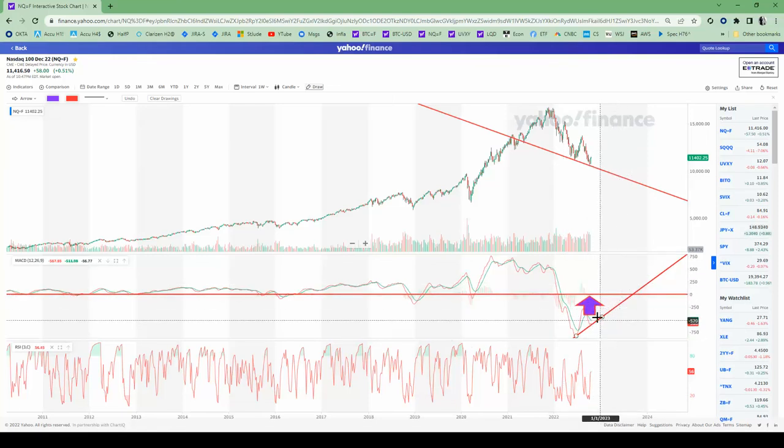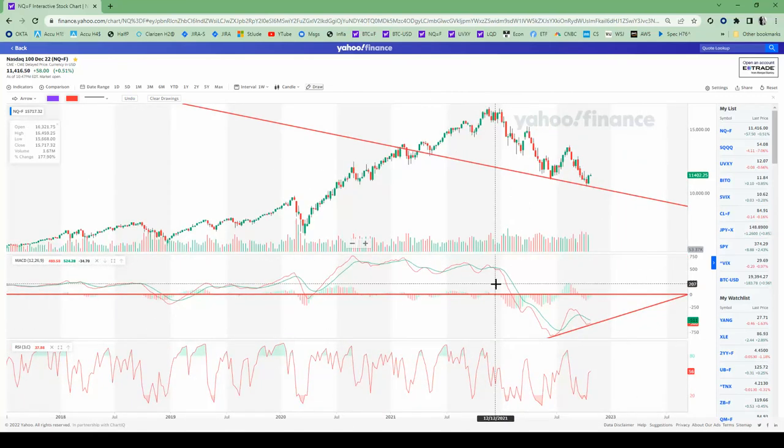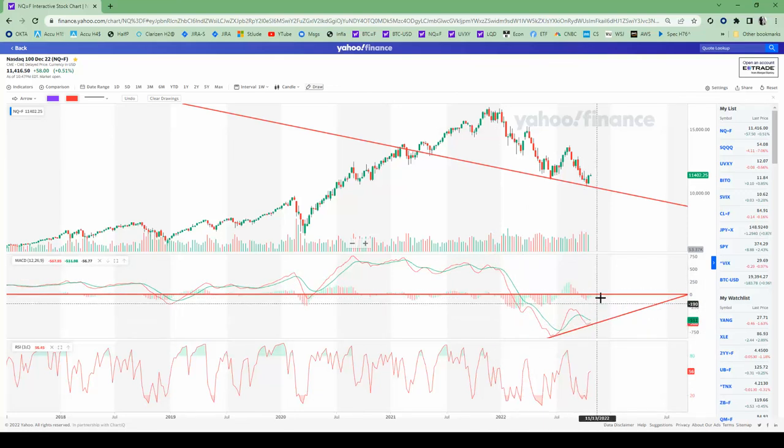And as you can see, for the entire year, since this is the weekly chart, for the entire 2022, the MACD has not crossed back over above the zero line. That is why we are in a downtrend.